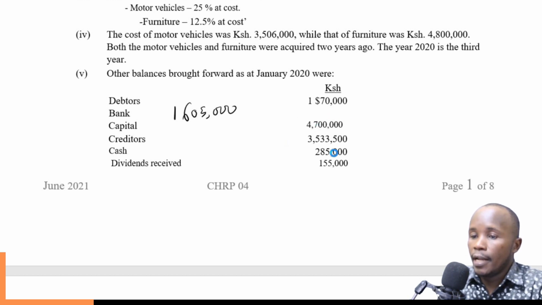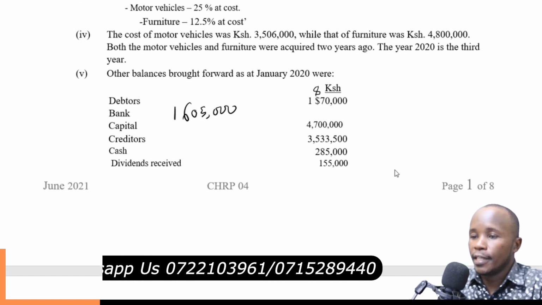And the debtors, this is 1,870,000. This figure here is 8. It looks like a dollar sign, but that is 8.